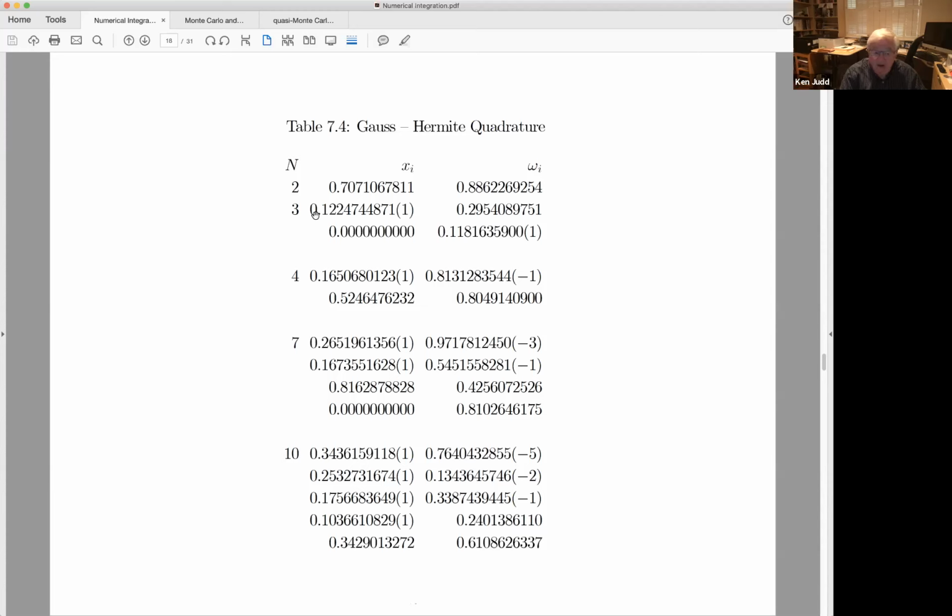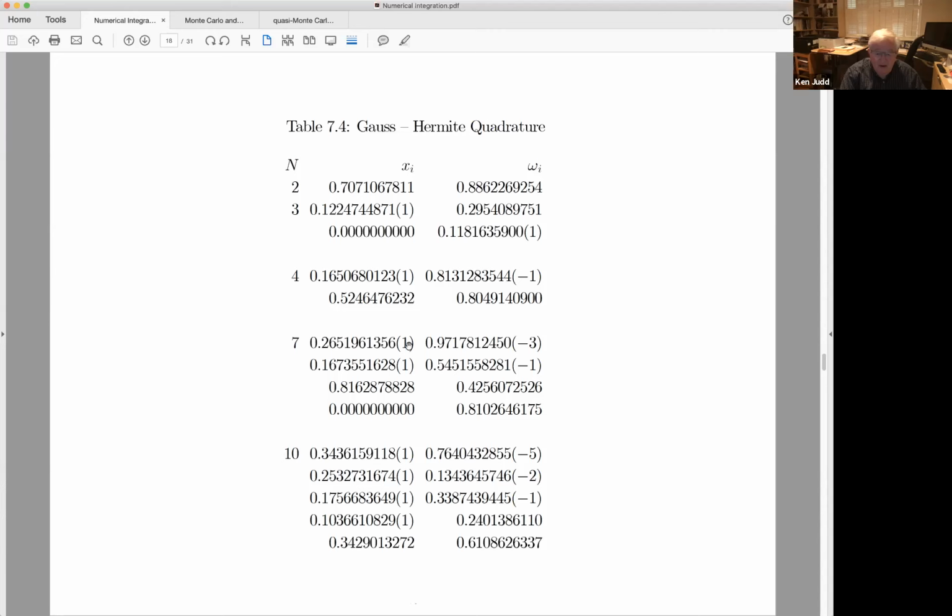So this really is 1.22, etc. And so the nodes in this Gaussian quadrature formula are minus 1.225, 0, and plus 1.225. And then the weights are 1.18, and then 0.295, and then 1.18.